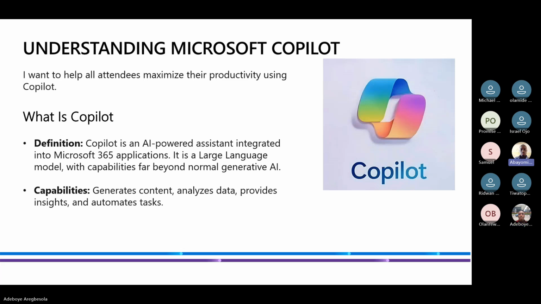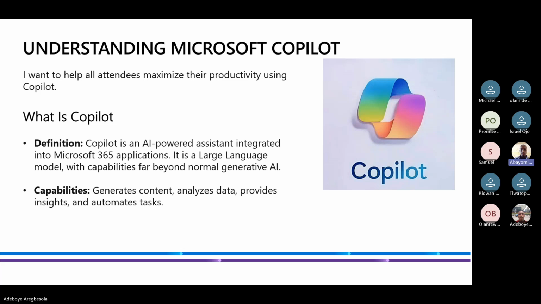Once you have Windows 11, and most versions of Windows 10, it is going to work with it because it's a Windows integrated application. Then web access: use Copilot on the web via the Copilot website or the Microsoft Edge sidebar. So these are ways to access it.